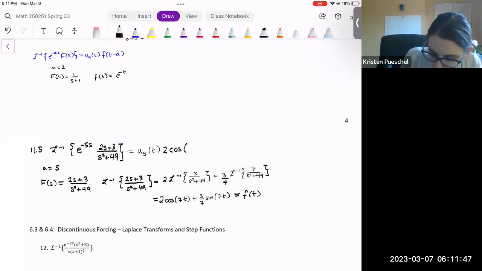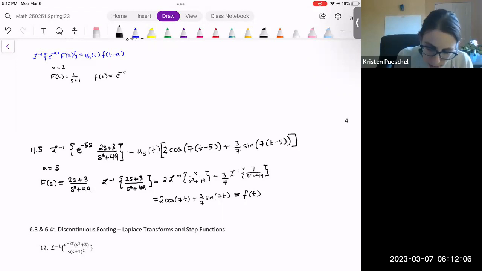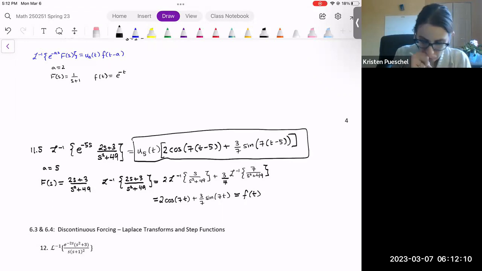So we get 2 cosine of 7 times (t minus 5) plus 3/7 sine of 7 times (t minus 5). Okay, we should just be careful about parentheses. And here we are. Also, not too bad.